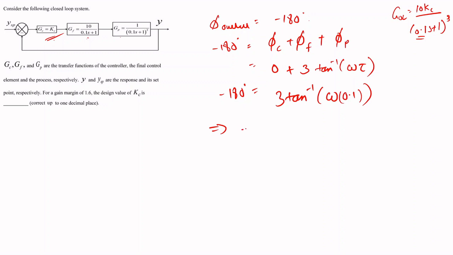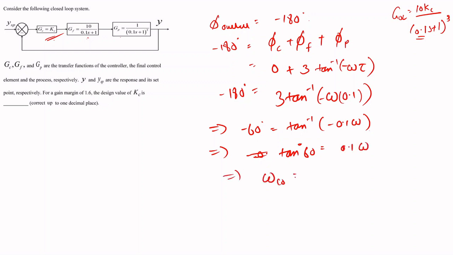So from here, we can write minus 60 degrees equal to tan inverse of minus 0.1 omega. That is, tan 60 is equal to 0.1 omega. So omega, the crossover frequency, in this case will be tan 60, which is root 3, divided by 0.1, so 10 times root 3. So this is our crossover frequency.